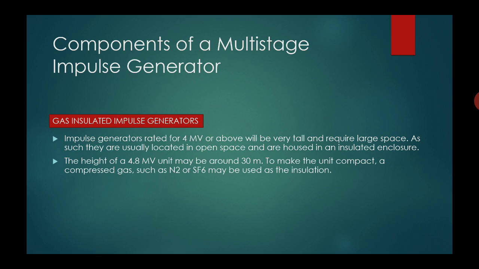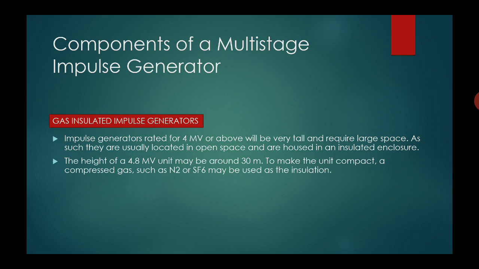Okay. And the last component is the gas insulated impulse generator. Impulse generators rated for 10 megavolt and above will be very tall and require large space. As such, they are usually located in open space and housed in an insulated enclosure. The height of a 4.8 megavolt unit may be around 30 meters.